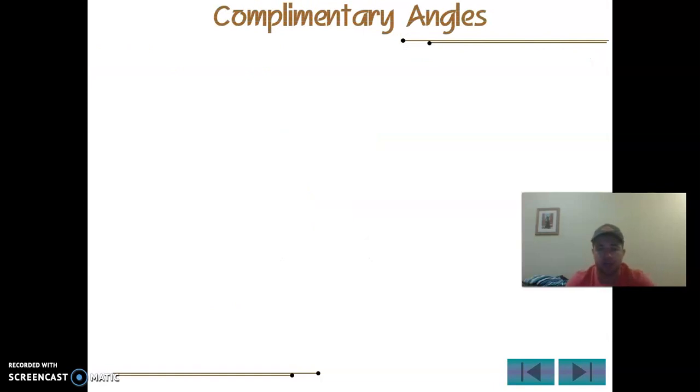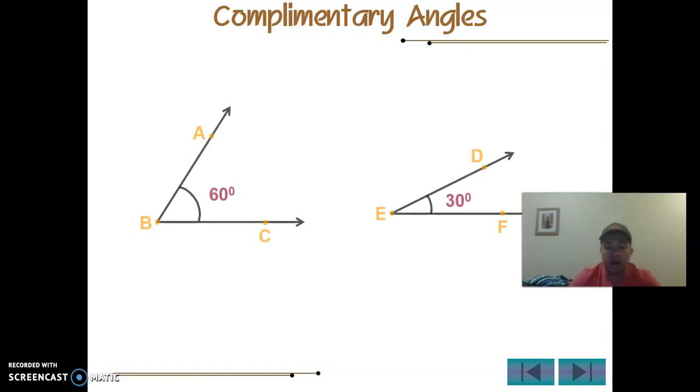Now we have this word complementary angles. And complementary angles, I just want to see if you can guess, just looking at this picture. Right. Complementary angles are angles that add up to 90 degrees. 60 and 30 adds up to equal 90. 90 degrees are also known as right angles.